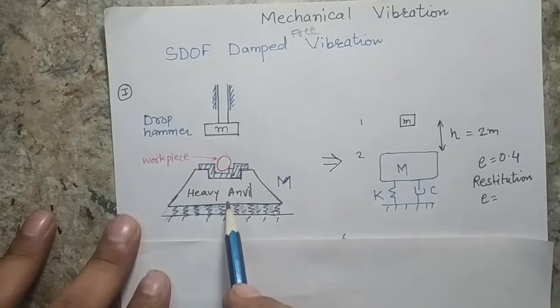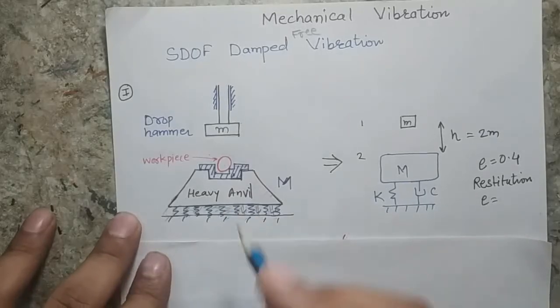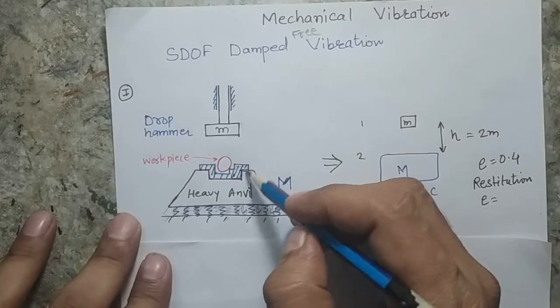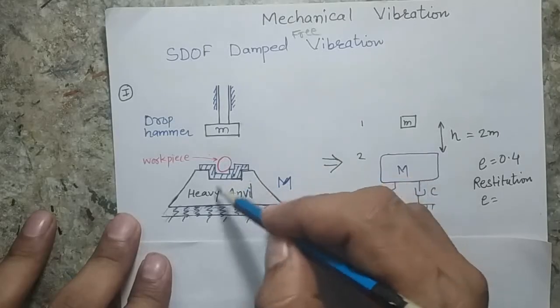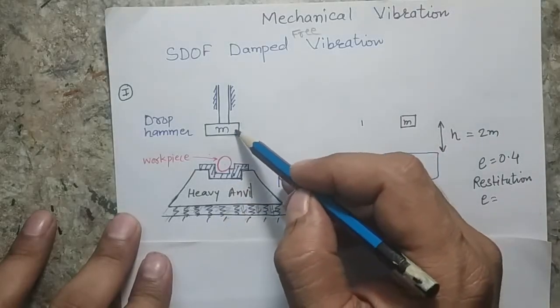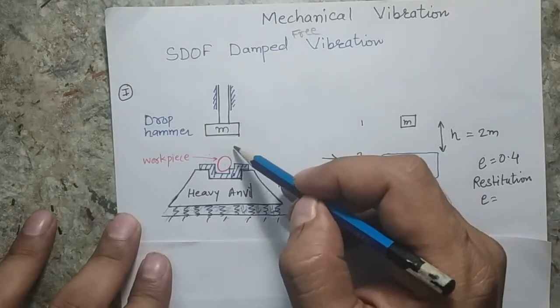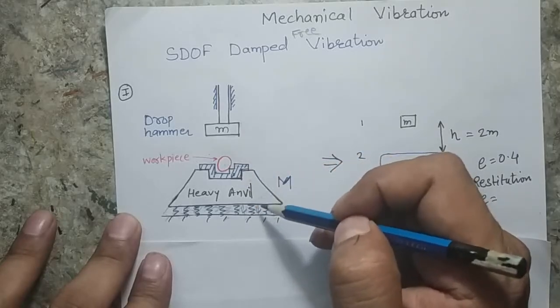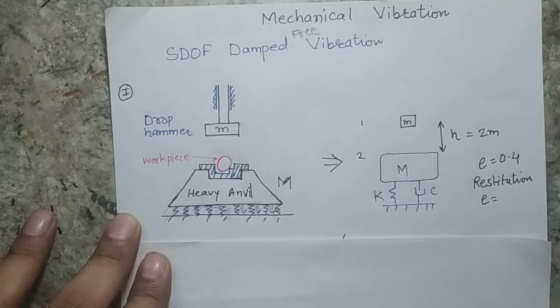So this is your real life problem, and what happens here is that because of this huge falling mass, there will be some disturbance to the anvil, which is on a flexible support. The hammer will come here and then go back, but because of the impact of the hammer, the anvil will vibrate. We are interested in finding the vibration, or the response, of this heavy anvil.